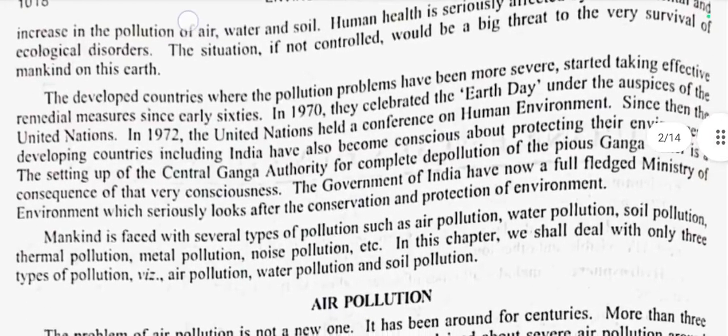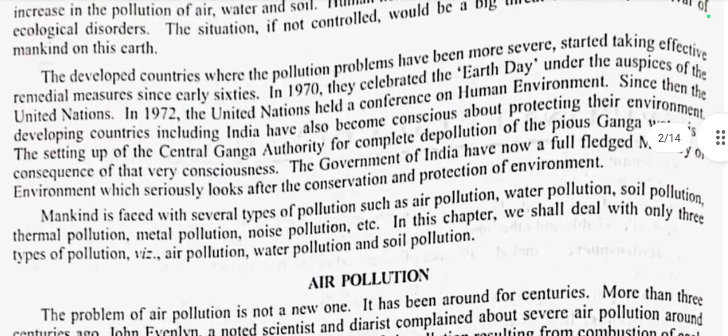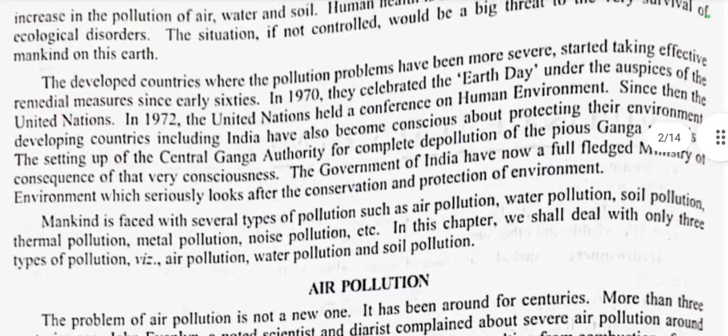The developed countries where the pollution problems have been more severe started taking effective remedial measures since the early 60s. In 1970, they celebrated the Earth Day under the auspices of the United Nations. In 1972, the United Nations held a conference on human environment.